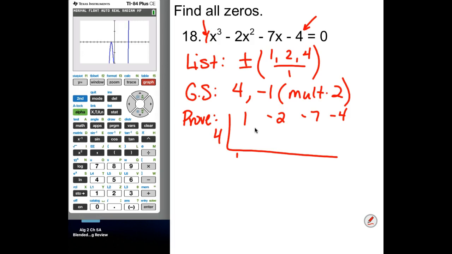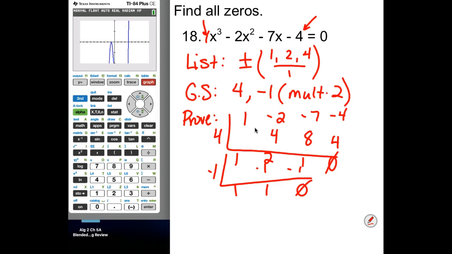A 4 first. We bring down our first term, multiply these, and then we add our column. Multiplying, adding our column, multiplying, and adding the column. So the 4 does work. It gives me a remainder of 0. Now I'm going to try the negative 1. We bring down our 1, multiply, and add. And that worked. But we said it should have a multiplicity of 2.